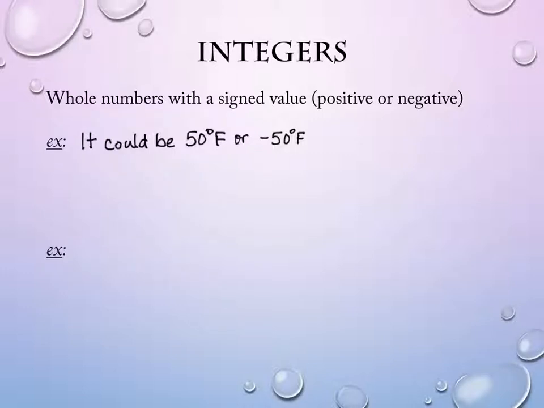Another possibility is that we could talk about feet above sea level. You can be 1,000, for example, feet above sea level. I didn't go and look up what Oklahoma is, but I think we're probably more than 1,000 feet above sea level.